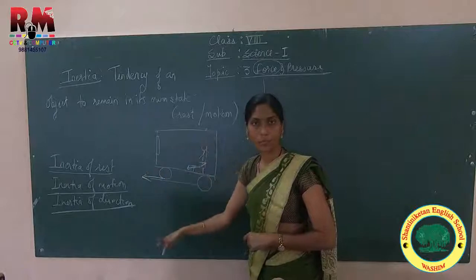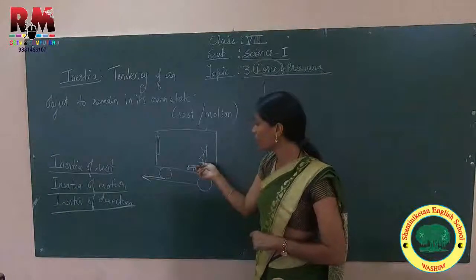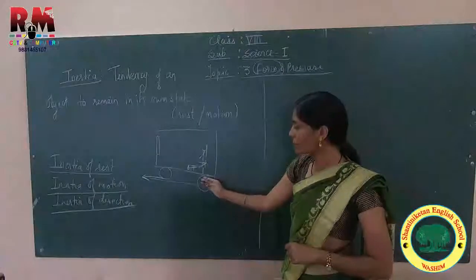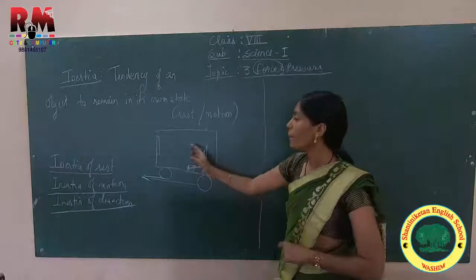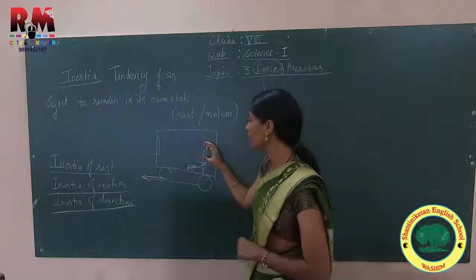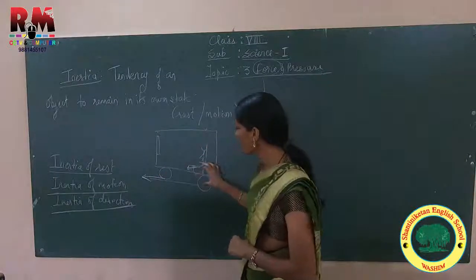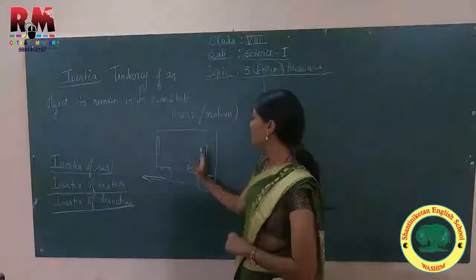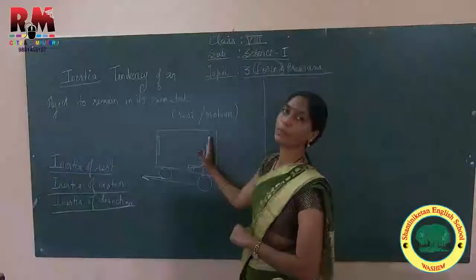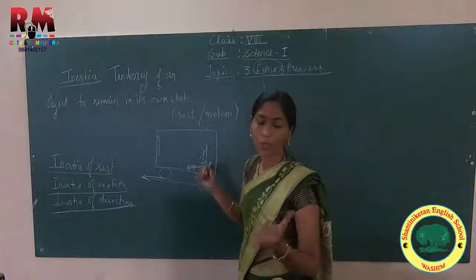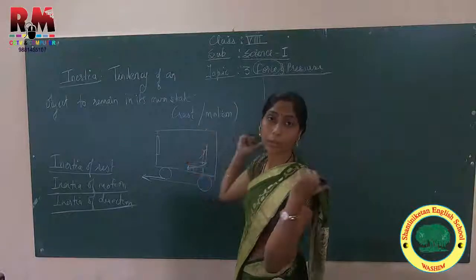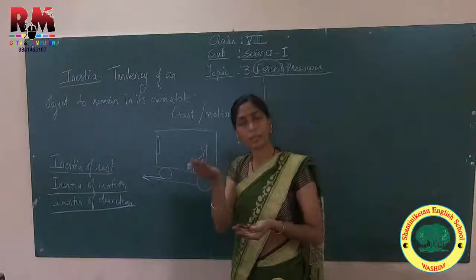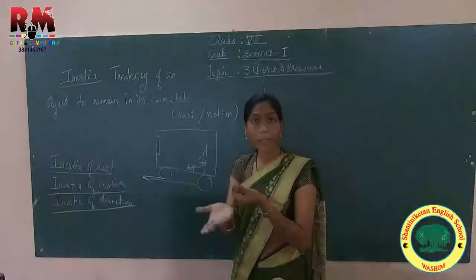The lower part in contact with the bus will move, but the upper part is still at rest. That's why we feel a backward jerk.